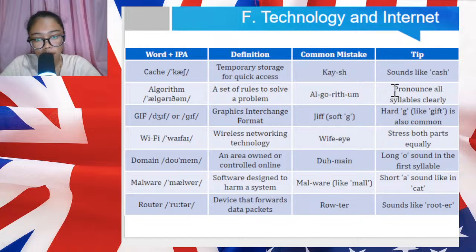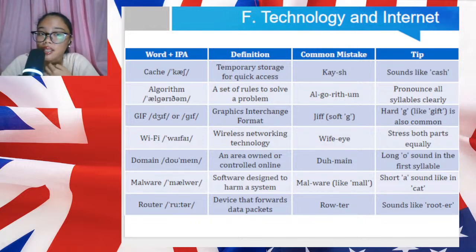So pronounce all syllables clearly. That's how you should do it. Remember, the th sound should be voiced. How we can check that is we just feel the vibration in our throat.